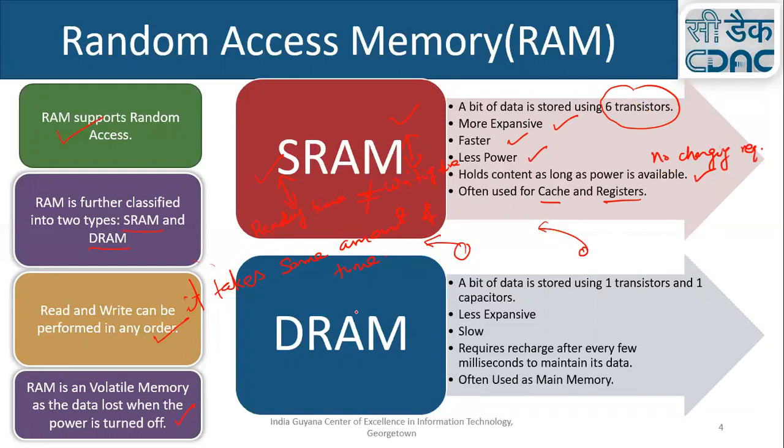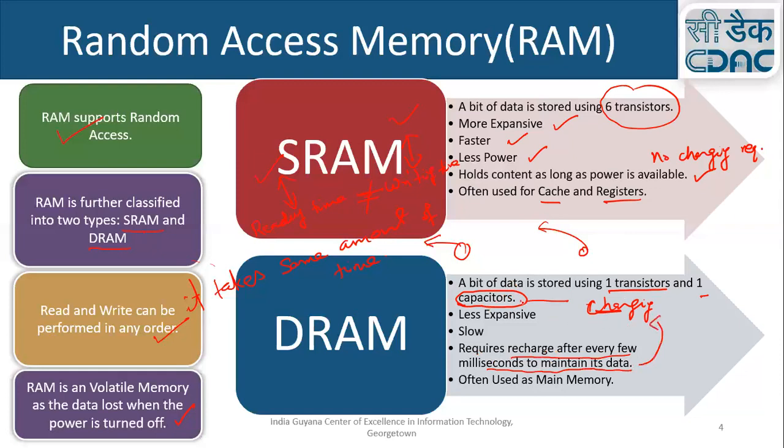And in DRAM, or dynamic RAM, a bit of data is stored using one transistor and one capacitor. This capacitor is the reason why you need charging. It requires recharge after every few milliseconds to maintain its data.